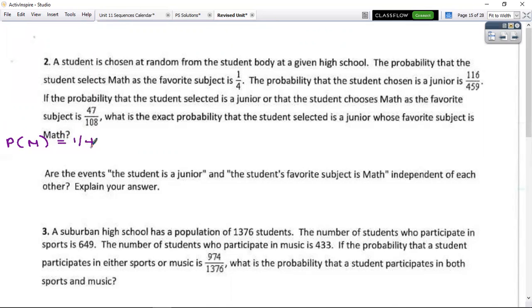The probability that the student chosen is a junior. Now I'm going to say probability of junior is equal to 1/16 over 459.